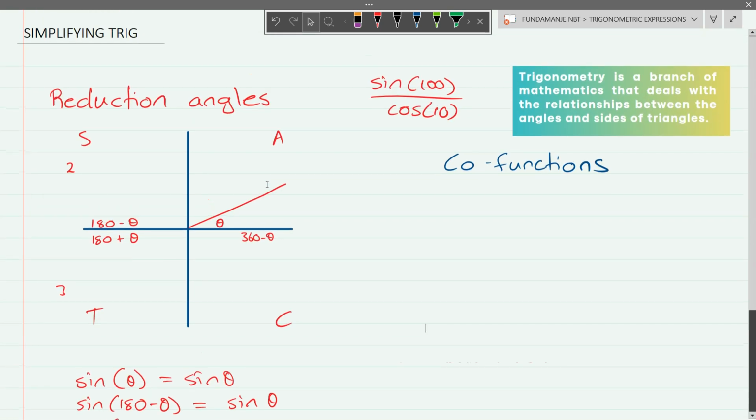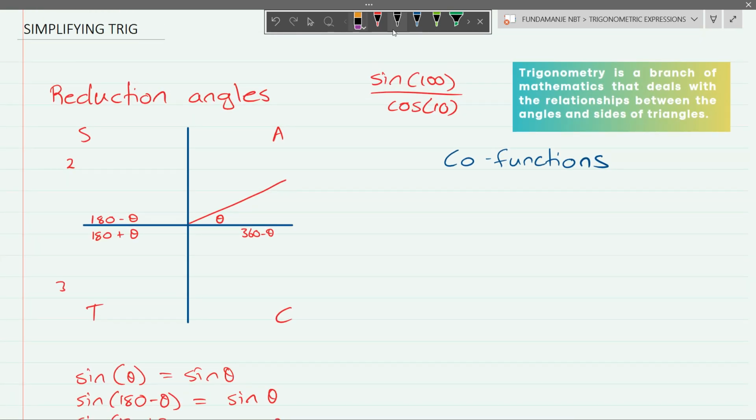Then we also have what we call cofunctions. Cofunctions have to do with 90 minus theta and 90 plus theta. Sine of 90 minus theta is equal to cos theta, because in the first quadrant it is just positive, so that reflects to being cos theta.